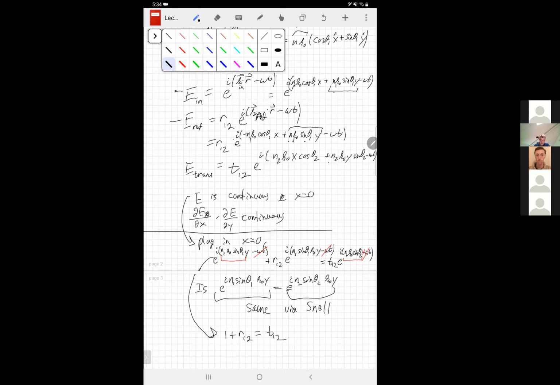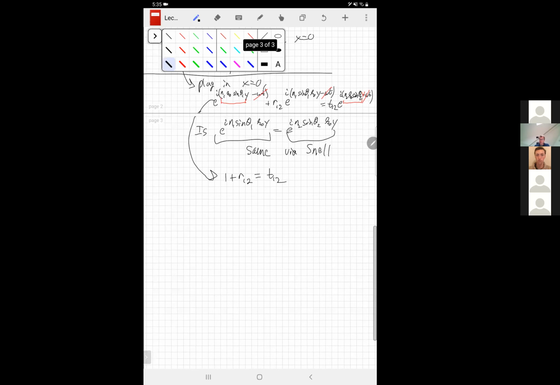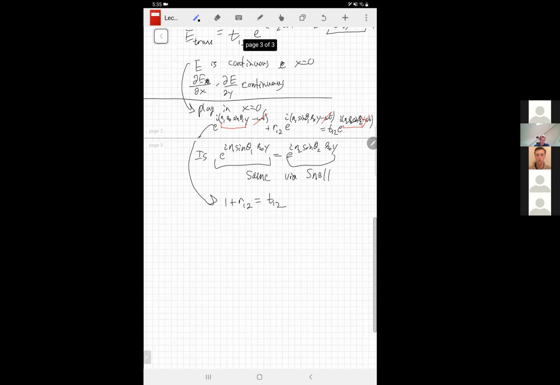And on the other, we're going to get n2 k naught sine theta 2. But again, by Snell's law, these two parts of the exponent are exactly the same. So they have the same y dependence. As far as the y dependence goes, everything is already continuous at x equals 0. It's only the derivatives with respect to x that will be tricky.